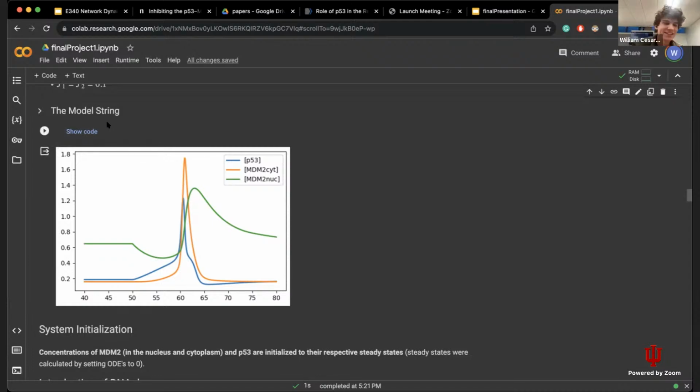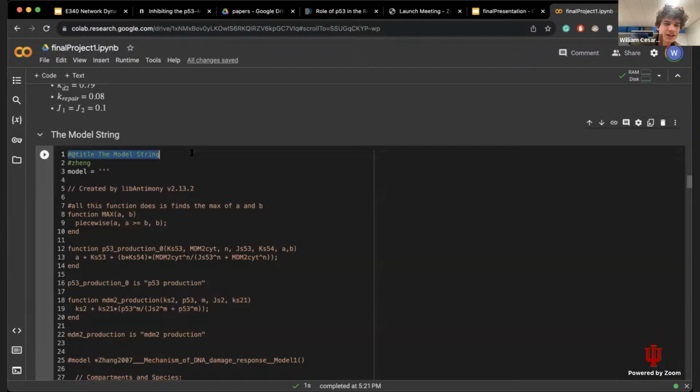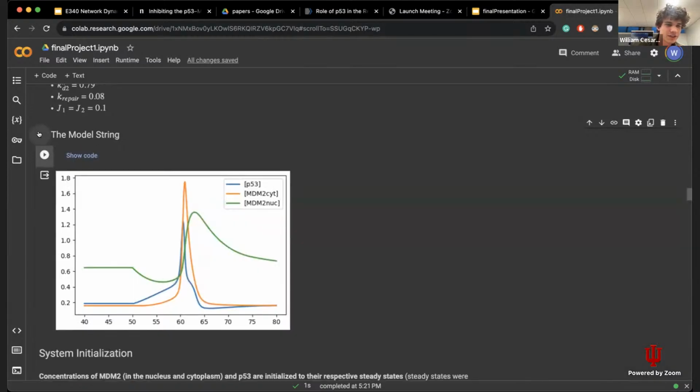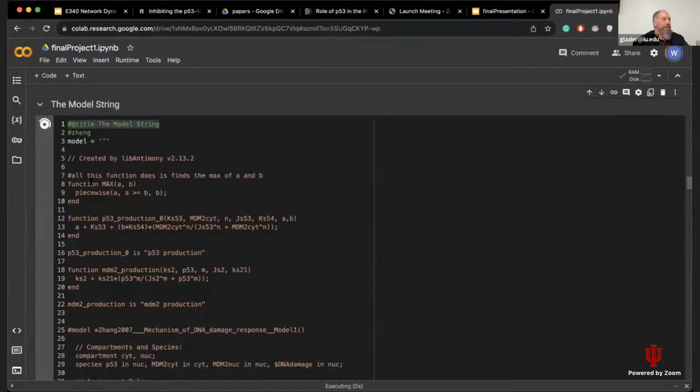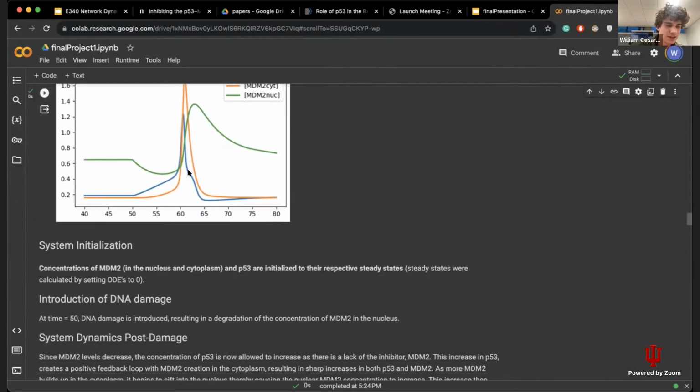Okay, so I use Pedro's method, or actually Hayden told me to do this. You can put at title or hashtag at title, and then a label, and that creates a title, and it's sort of what Pedro did. Great. So run the model. This is the model, just the basic.